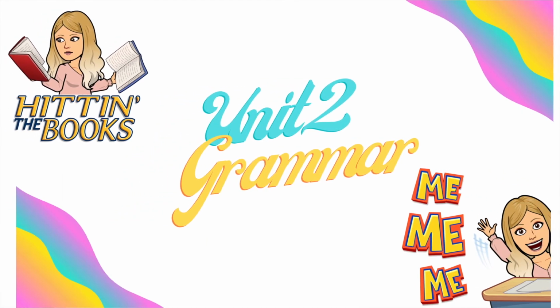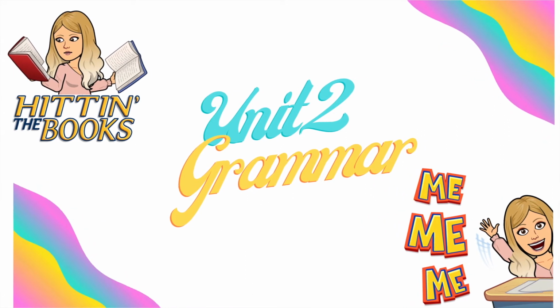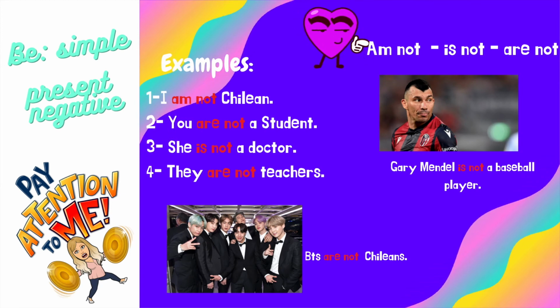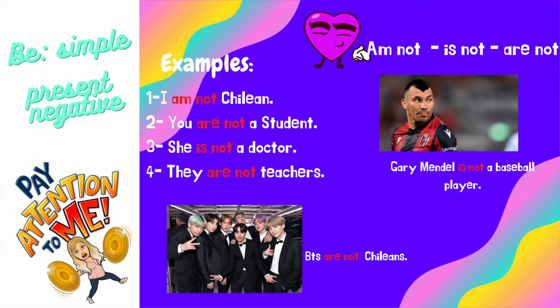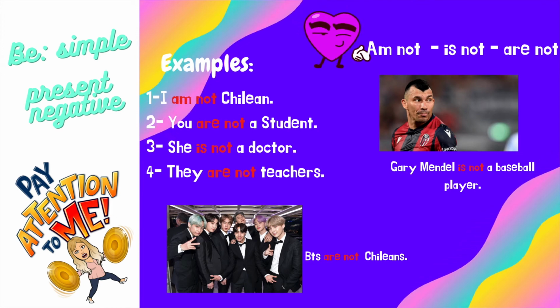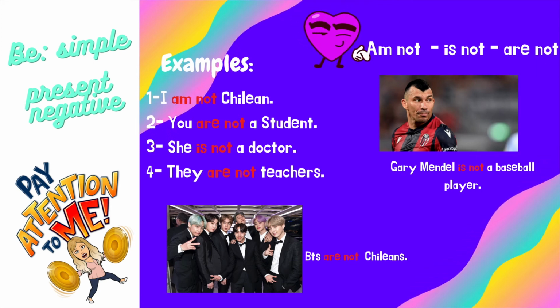Let's focus now on the grammar of unit number 2. In this unit, we learned about, again, be simple present, but in the negative form. So for that reason, I am going to take the same examples that I used in the previous unit, but I am going to negate those sentences.